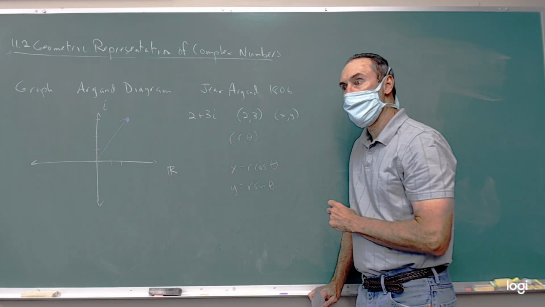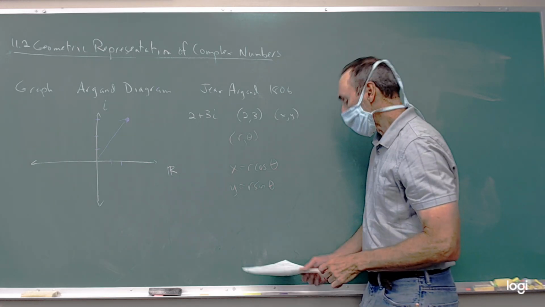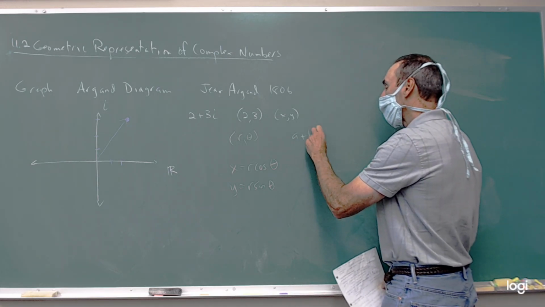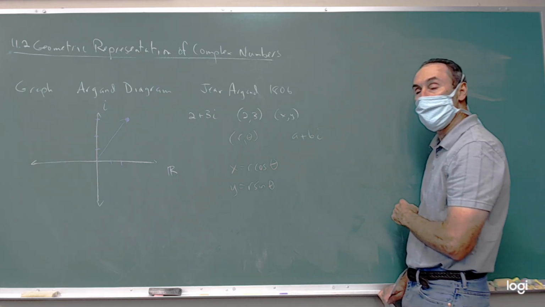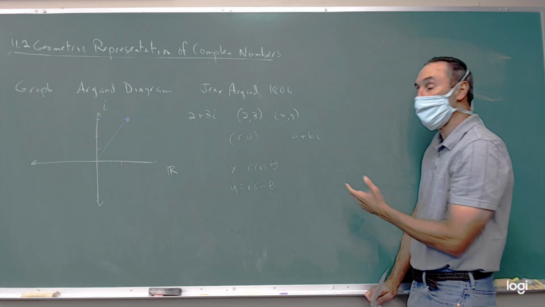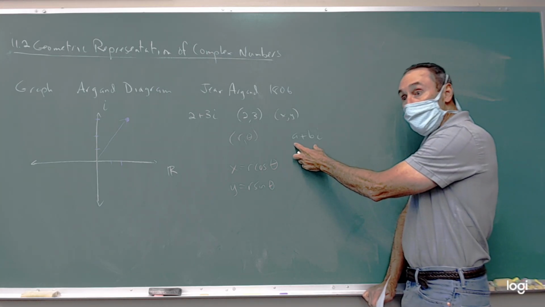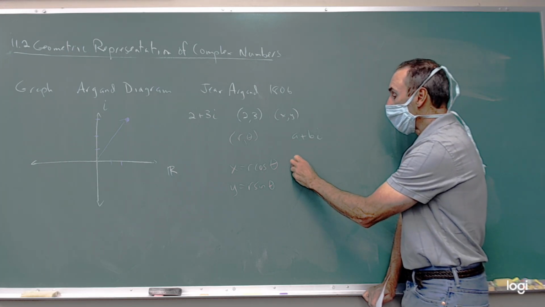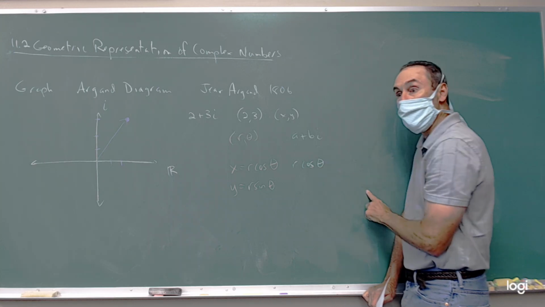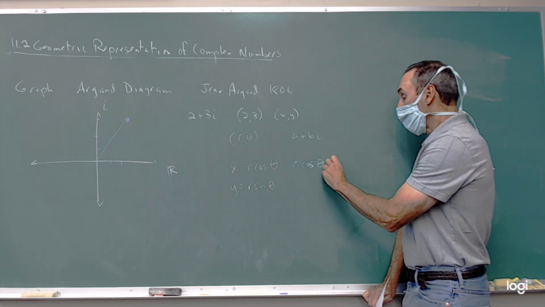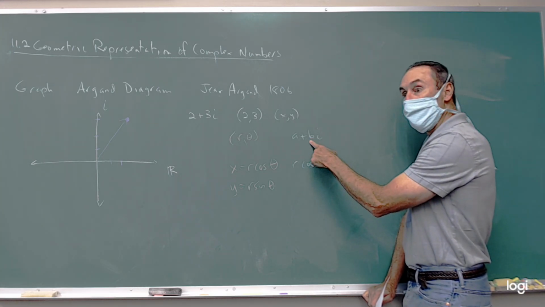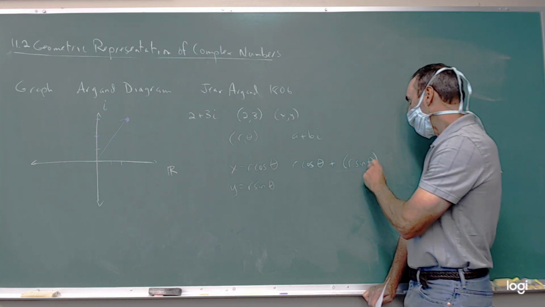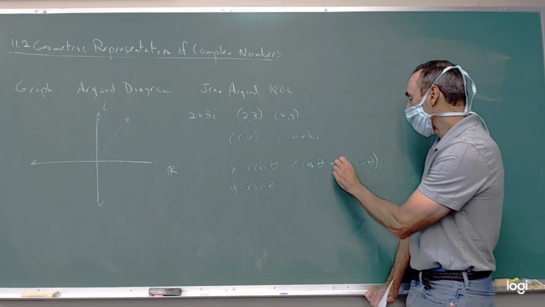You with me there? So in general, if we had some a plus bi, any complex number written in rectangular form, we could replace the x part by r cosine theta plus, and the b part would be r sine theta, and I'm going to put the i in front.